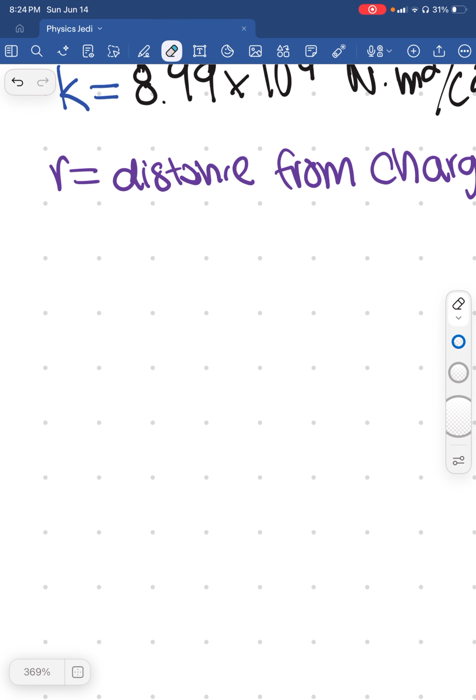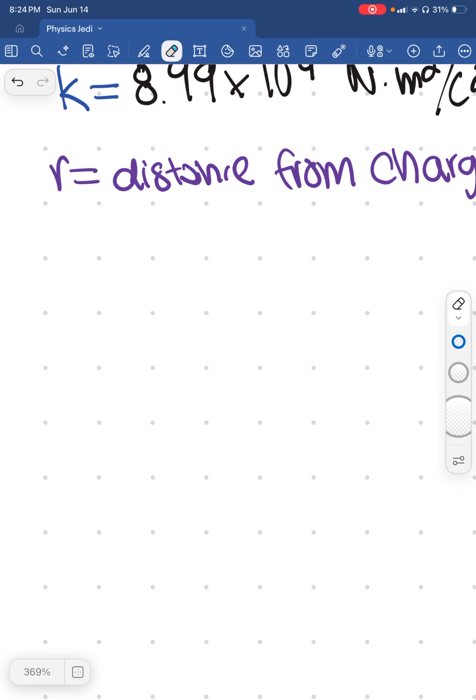To find where the net electric field is zero, the electric field created by the point charge must have the same magnitude as the external electric field. If the two fields have equal magnitude and point in opposite directions, they're going to cancel each other out and produce a net electric field of 0.